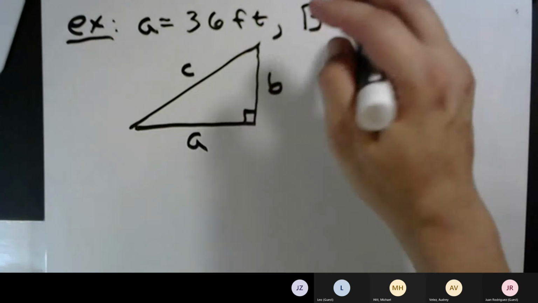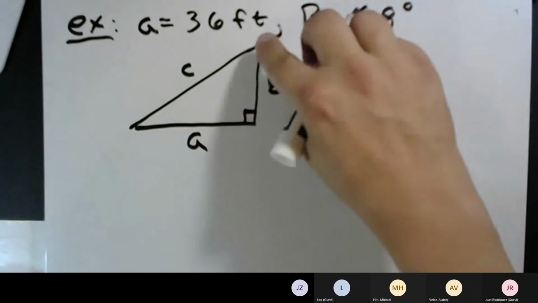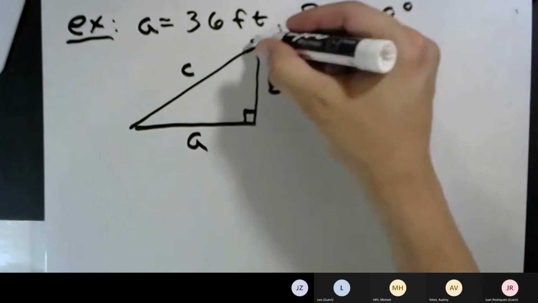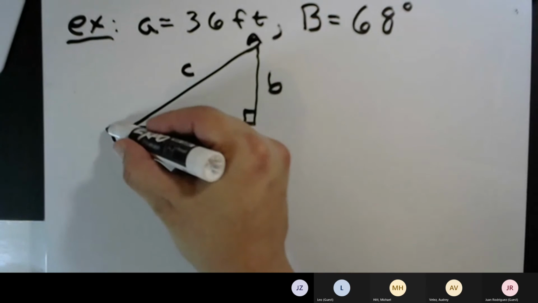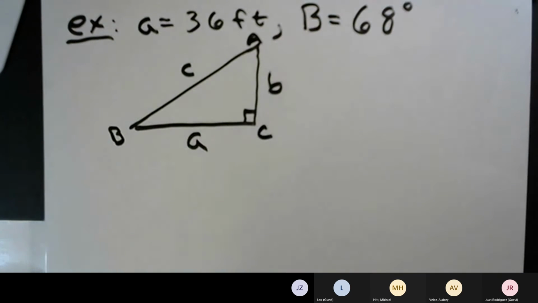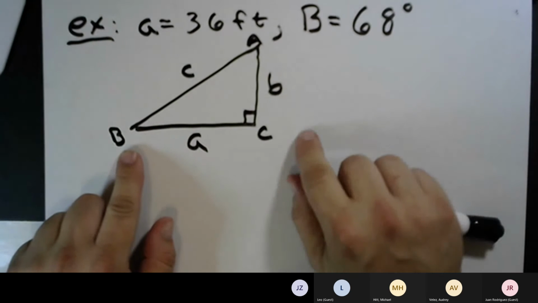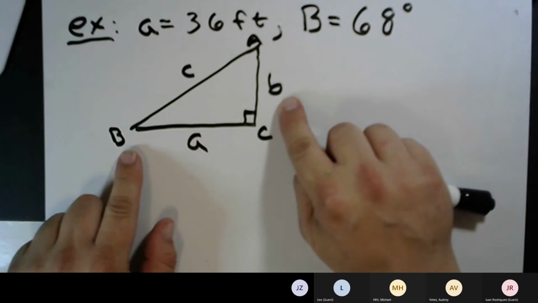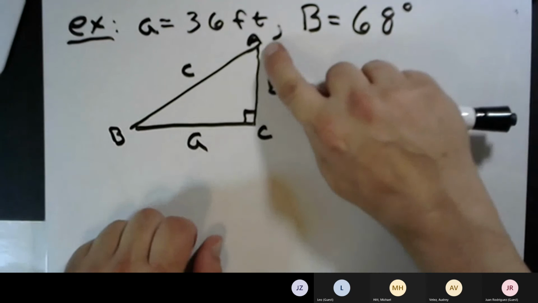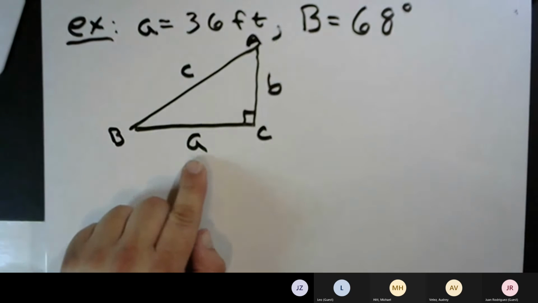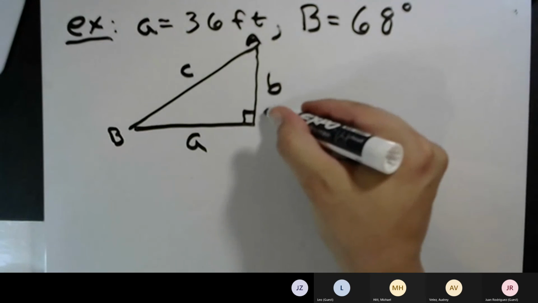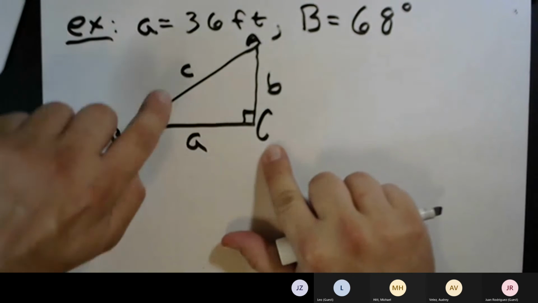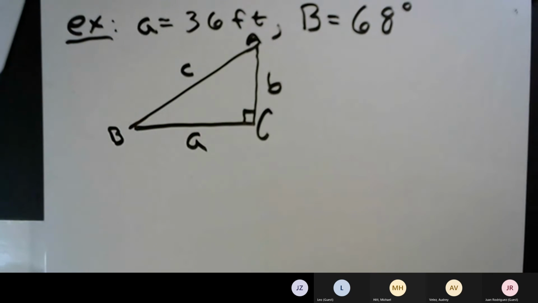Squeeze a capital A in there, capital B, and there's a C. The angle capital B is opposite the side little b. The angle capital A is opposite the side little a. Then the angle capital C is opposite the side little c.